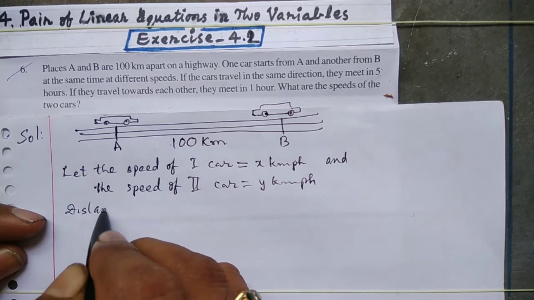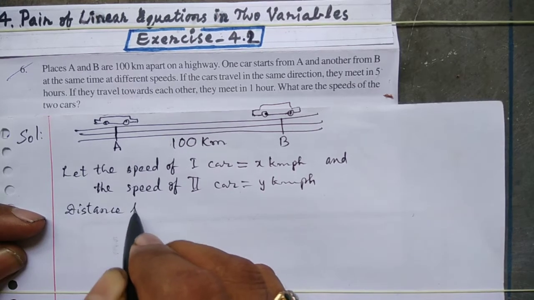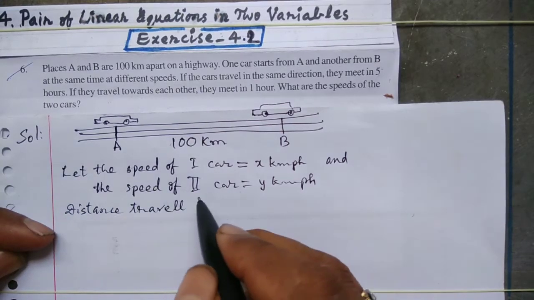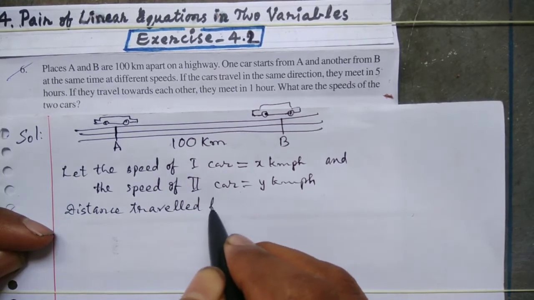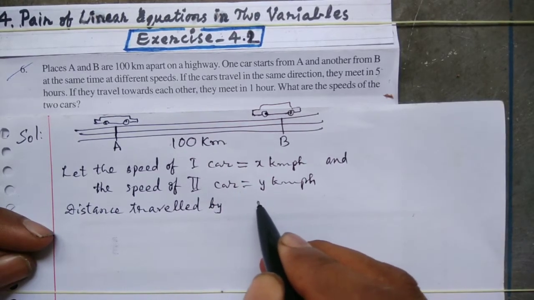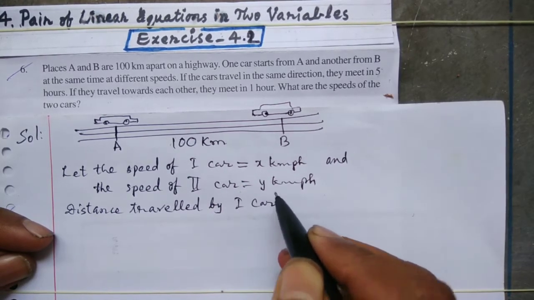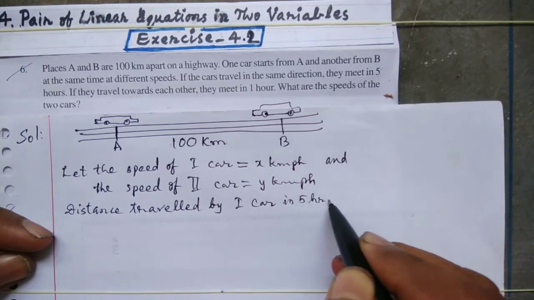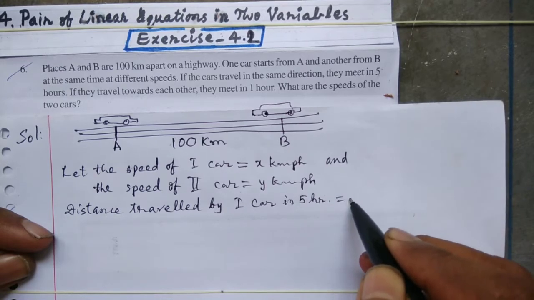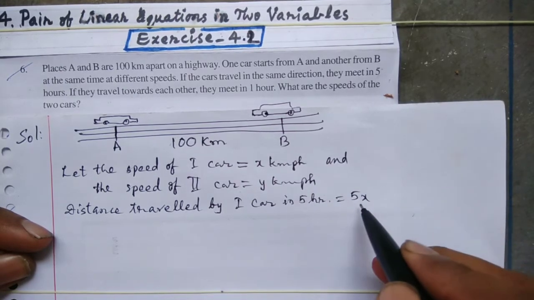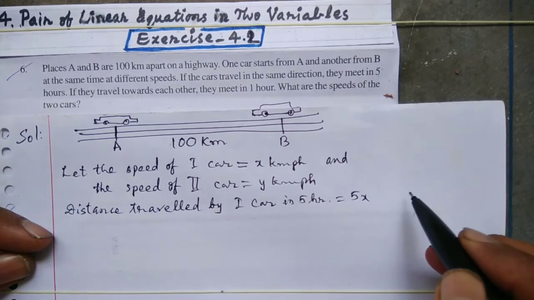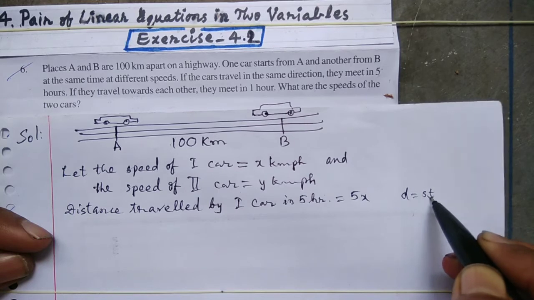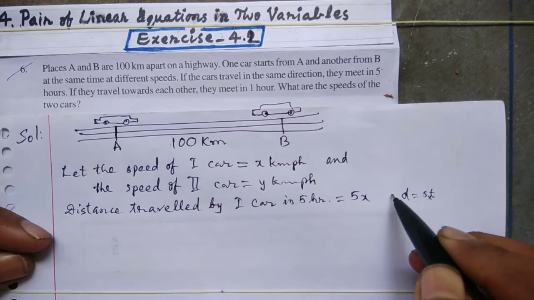So the distance traveled by the first car in 5 hours is 5 into x, because distance is equal to speed into time.